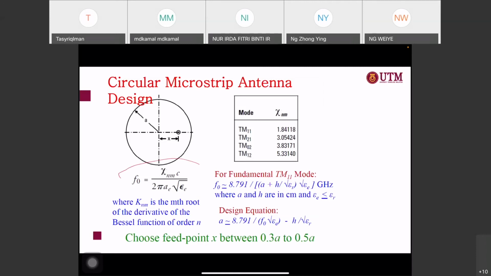You can use these equations here, and you can see that these are different modes, but usually we use the dominant mode. The chi value is equal to 1.841, and you can find the design equation from here for the fundamental TM11 mode. So these are the equations that you use.